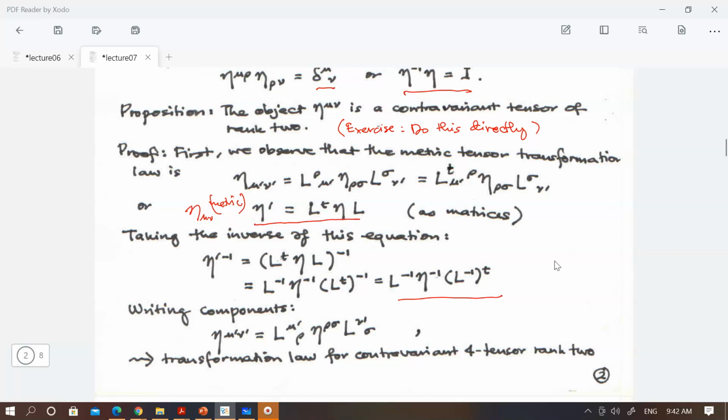If you write down the components, it will give you your transformation law for a contravariant tensor of rank 2. So that's more or less how, with special relativity, your metric tensor is a 4 tensor of covariant rank 2, and then automatically one should also have the inverse metric tensor, which is a contravariant rank 2 4 tensor.